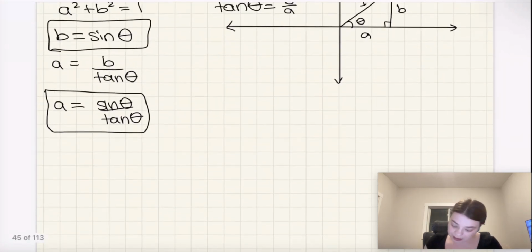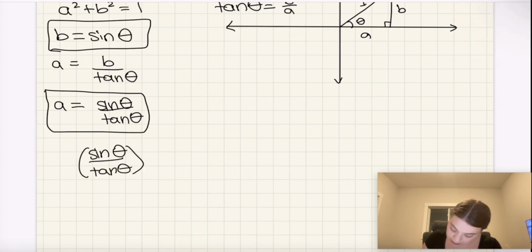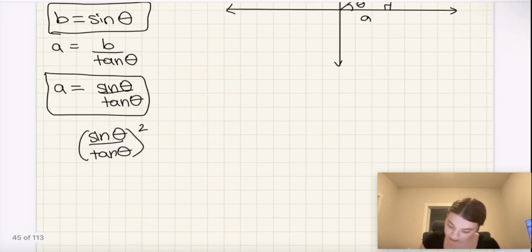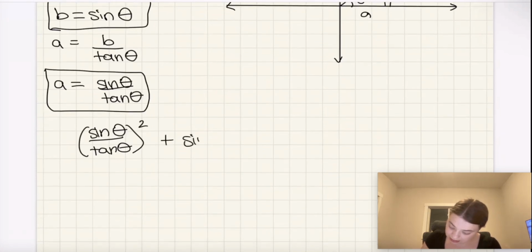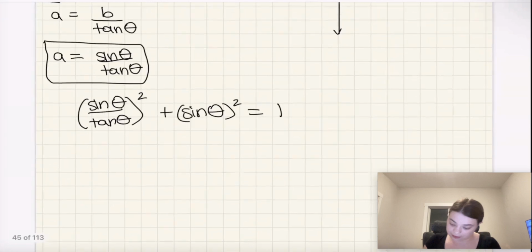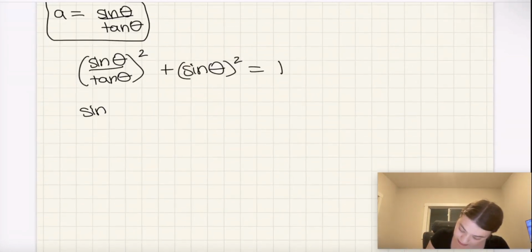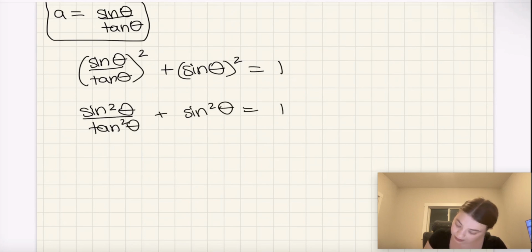So sine theta over tan theta squared, that's a squared, plus b squared, which is sine theta squared, is equal to 1. Therefore, sine squared theta over tan squared theta plus sine squared theta is equal to 1.